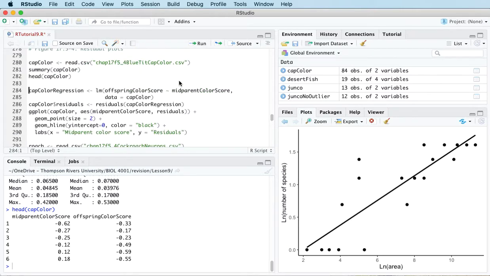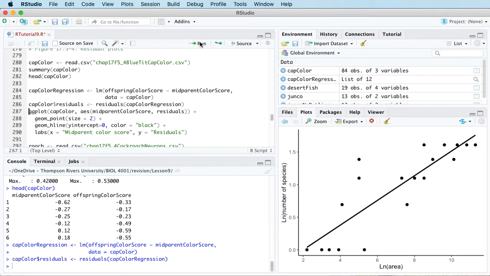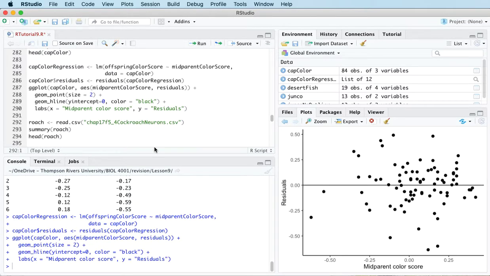So what I'm going to do is fit a simple linear regression model, and then I'm going to calculate the residuals from that regression model, and then I'm going to draw what's known as a residual plot.